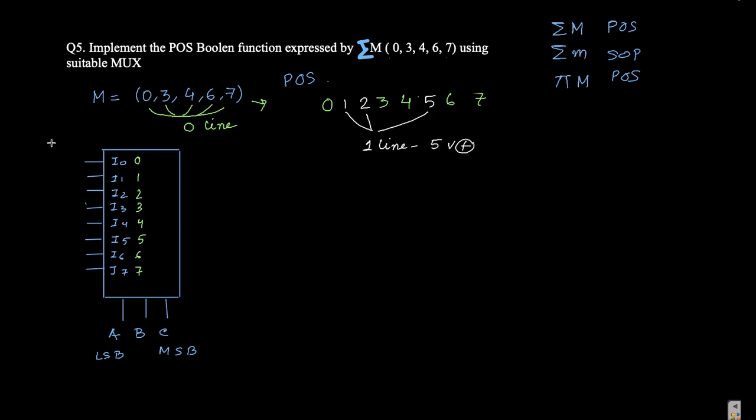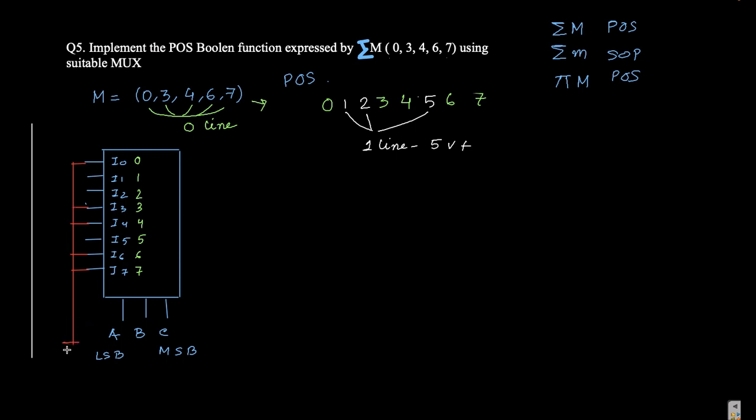So we take the 5 volt line, and 0, 3, 4, 6 and 7 are connected through a ground line, that is the 0 line, the ground line.